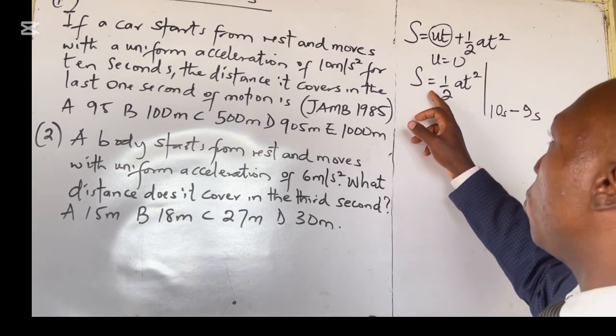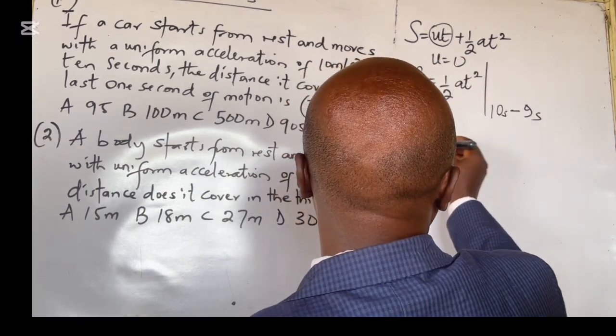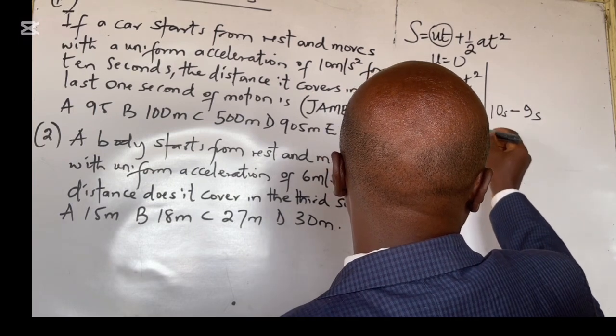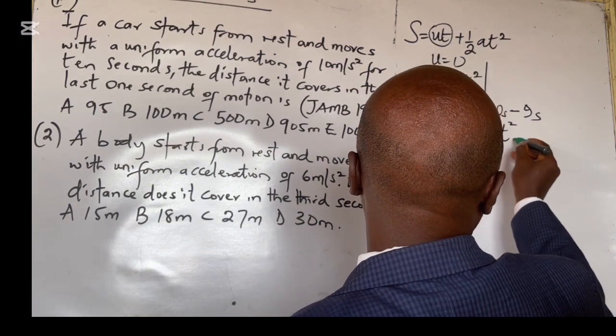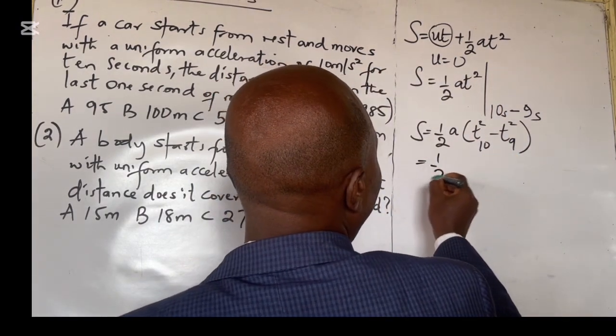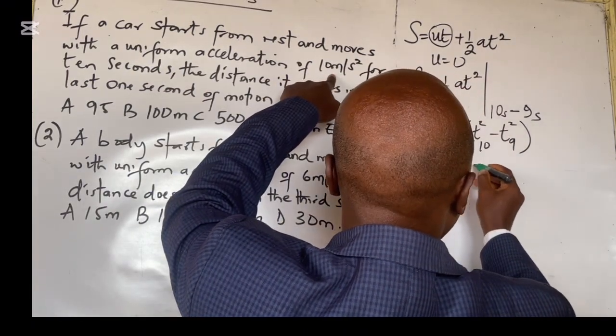So if you did this very well, now we have S is half A, our time for the first one, T squared, that's for 10 seconds, minus time T squared for the 9 seconds. So let's finish it up. We have half, our acceleration is 10 meters per second squared.